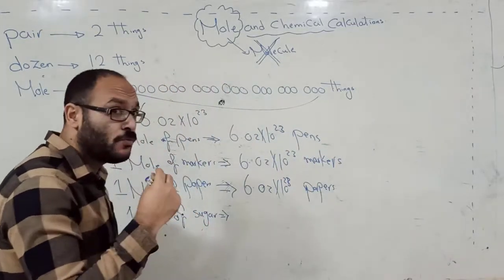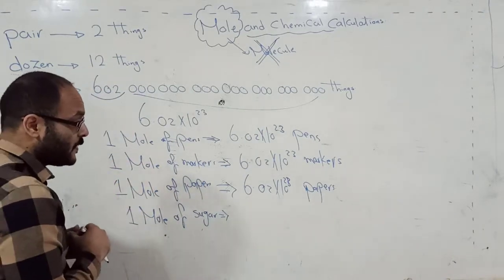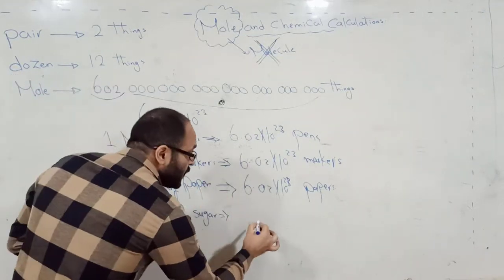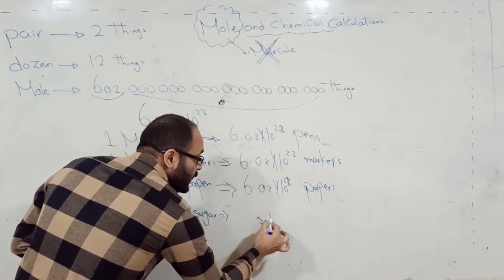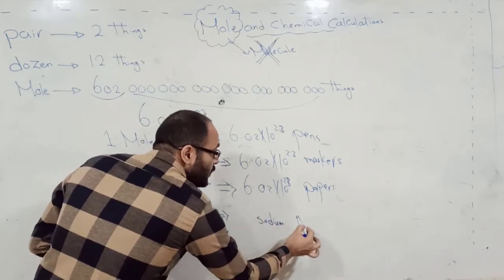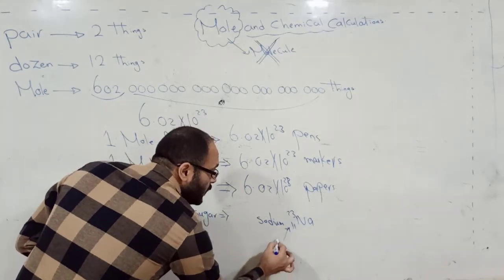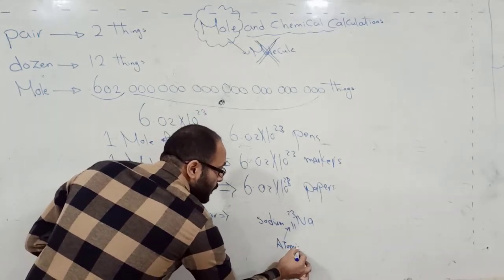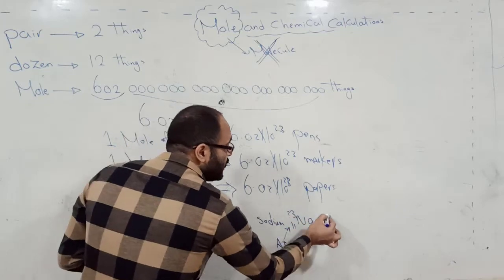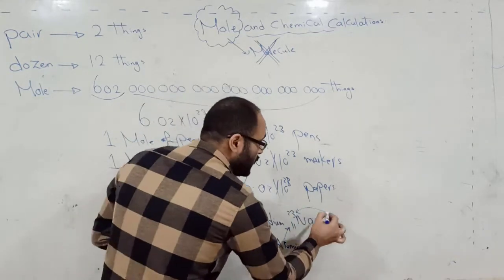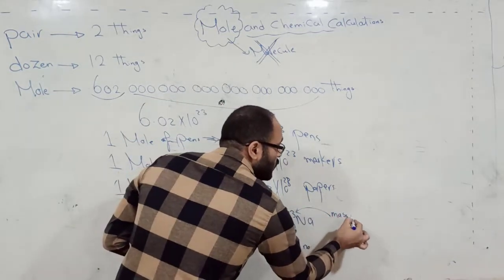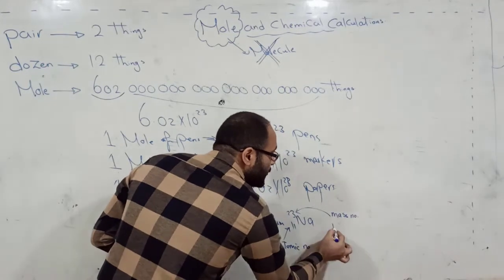For example, if you remember from middle school, if I said sodium, Na 11 23, the 11 is called the atomic number, and the 23 is called the mass number or atomic mass.